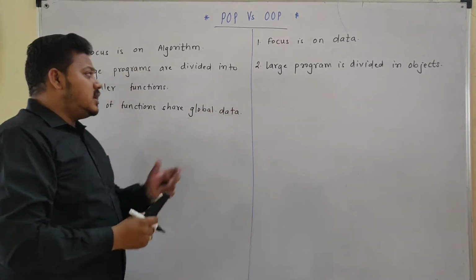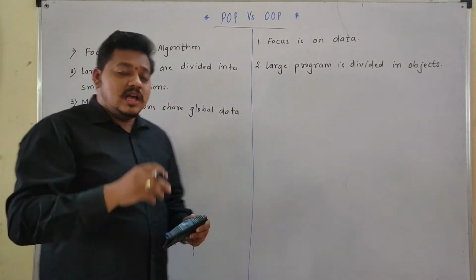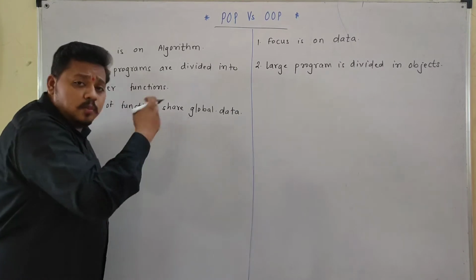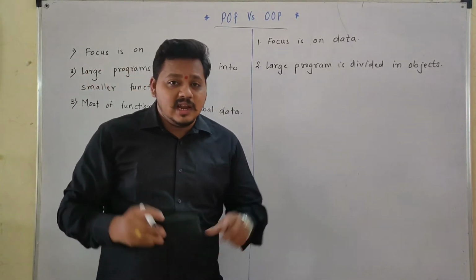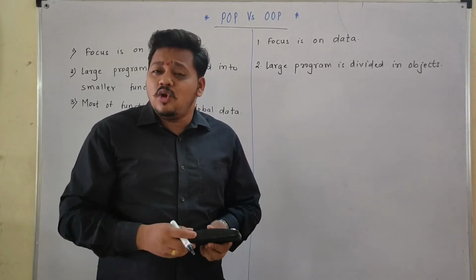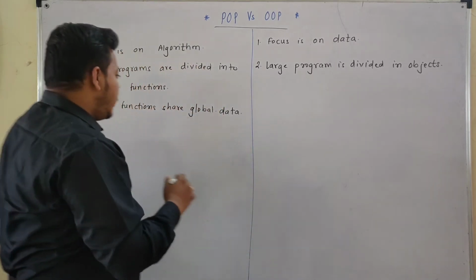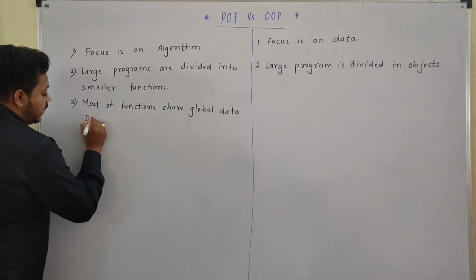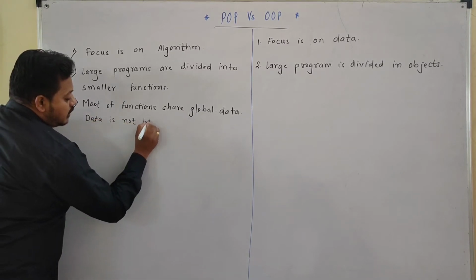Here the main program was divided into functions, and all or most of these functions share the global data. That means the data is global. As the data is global, any function can access that data. That's why the data is not hidden.